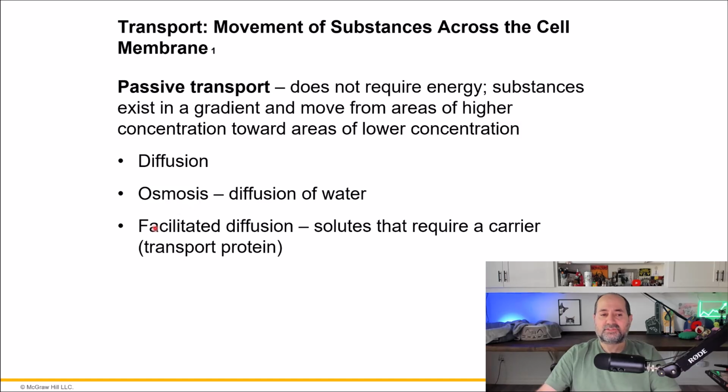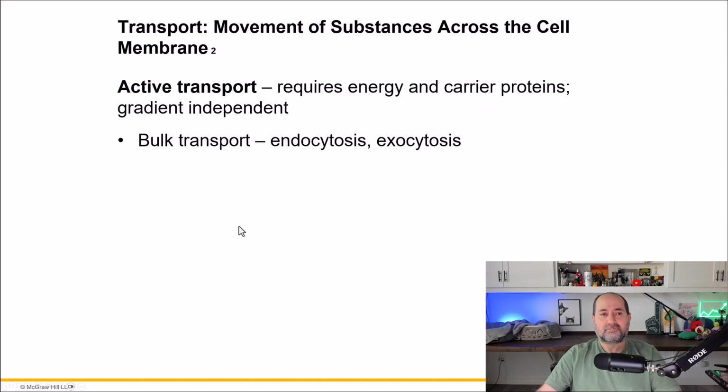Do you remember that facilitated diffusion requires solutes to cross through a carrier or transport protein? And do you remember with active transport, this requires energy? And the example we covered was bulk transport, endocytosis and exocytosis.